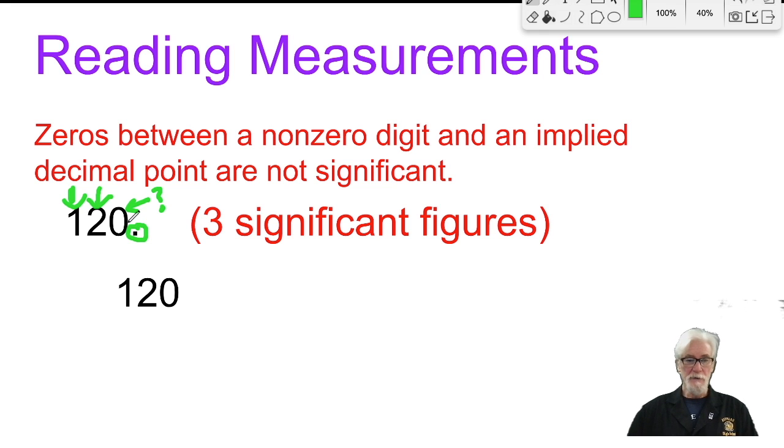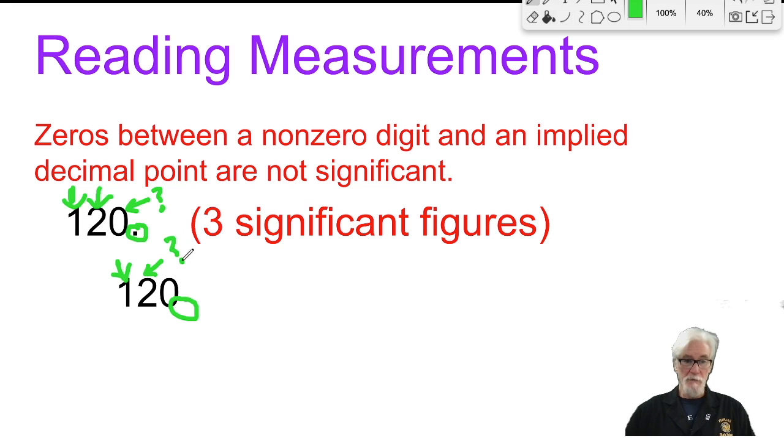If the measurer has written this down with no decimal point written, so in other words, there's an implied decimal point there, it's not really there, that's a way of reporting to us the precision of the measuring tool. So this person is saying, I know the 100s place for sure. It's bigger than 100, but it's not as big as 200. But I don't have the ability to directly measure for sure the tens place.